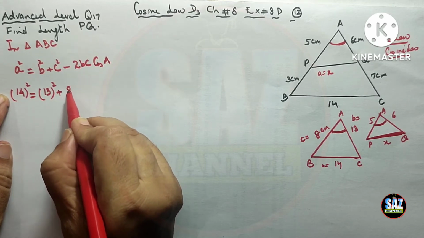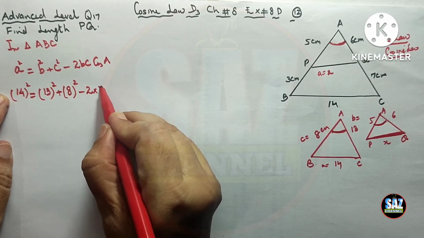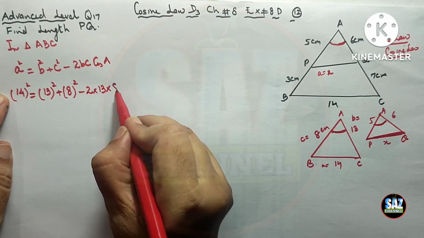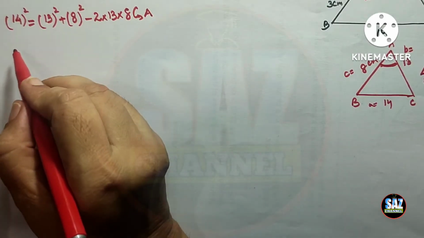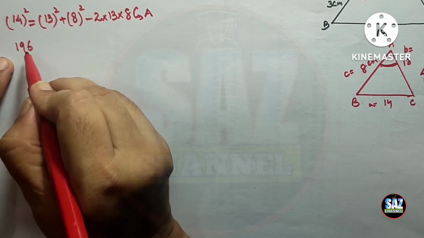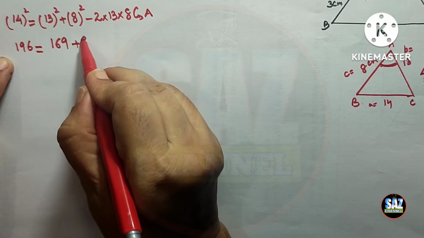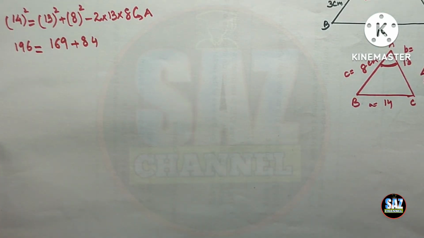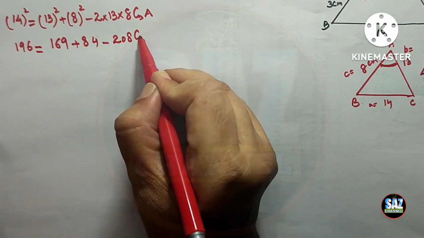And c has the value 8 square minus 2 into 13 into 8 and cos of angle A. Okay, now 14 square is 196, 13 square is 169, plus 64 minus 2 times 13 multiplied by 8, which is 208 cos of angle A.